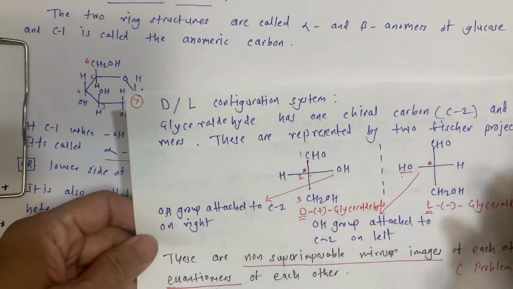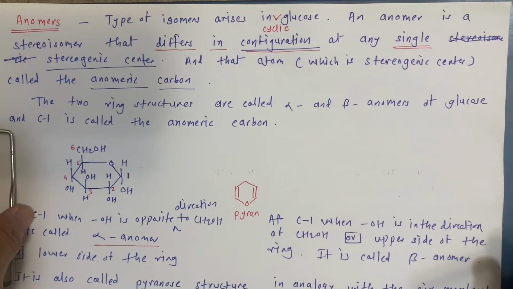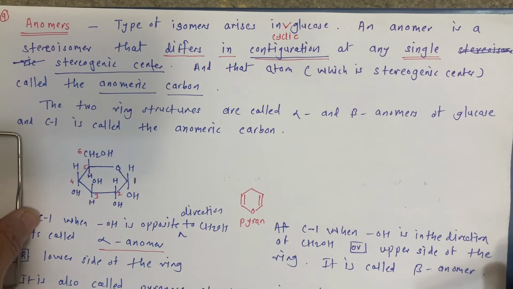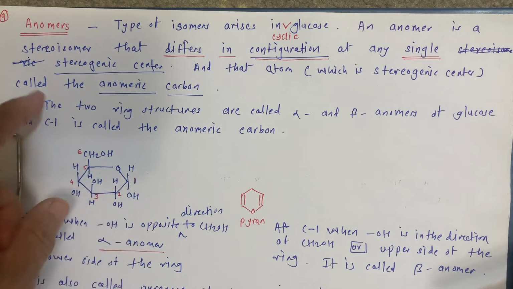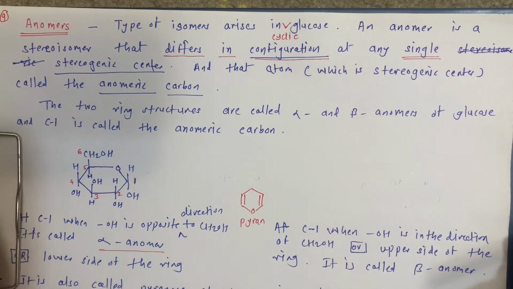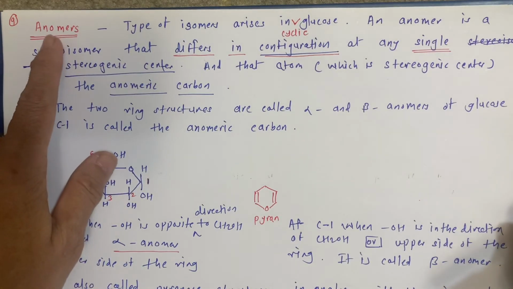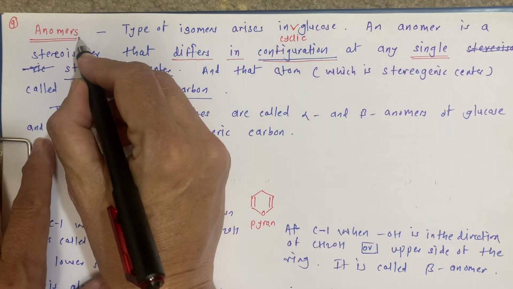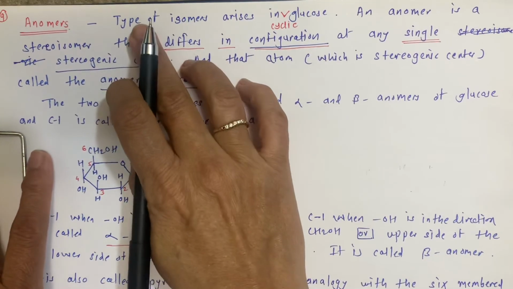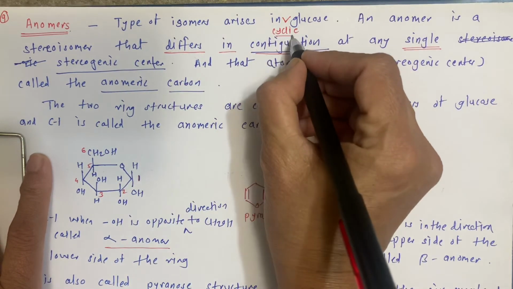So, based upon these new terms introduced in our textbook, first we will see those, and then we will see what is alpha and what is beta. The new term introduced is anomers. This is nothing but a type of isomers arising in cyclic glucose.